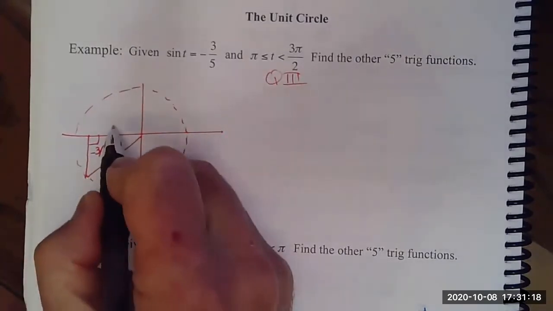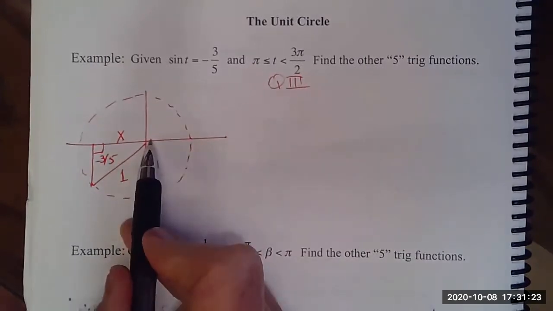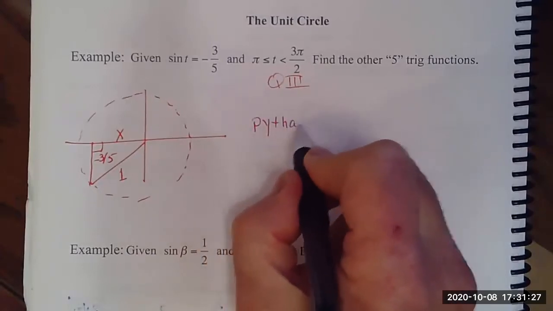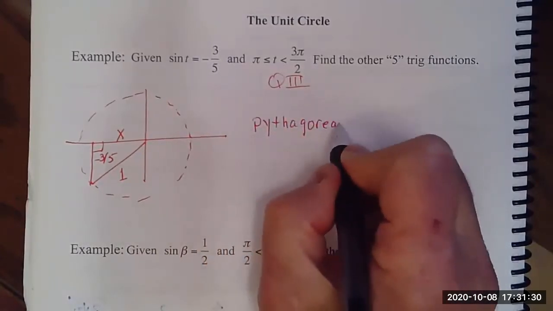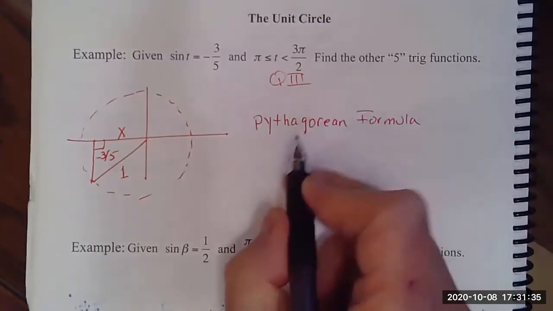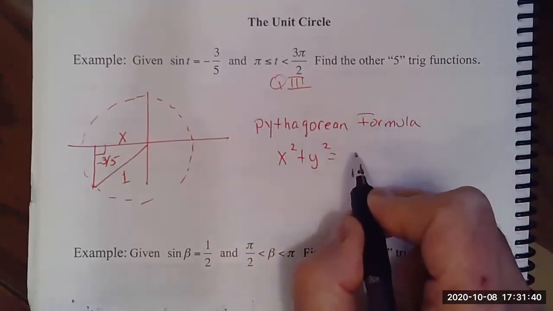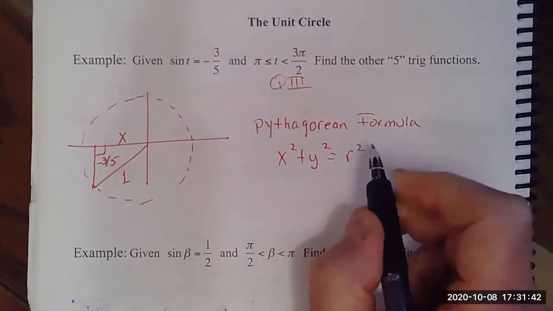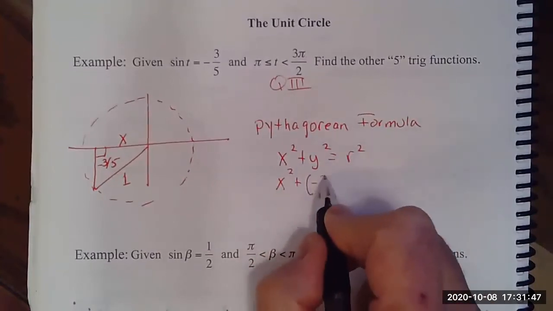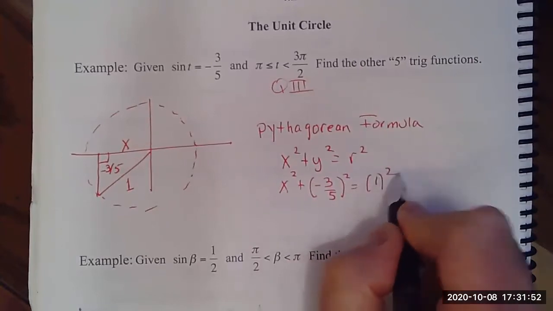How you go about finding the x, which happens to be negative, by the way, because it's to the left of the origin, you use the Pythagorean theorem, or formula, which is x squared plus y squared is equal to r squared. Don't know x, so x squared plus negative 3/5 squared is equal to 1 squared.